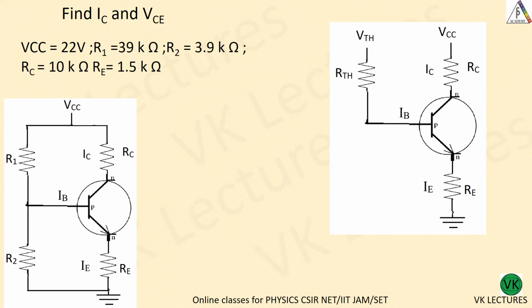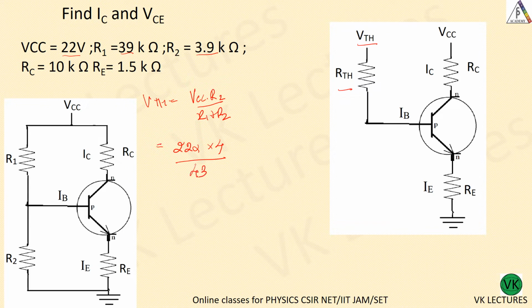So our aim is to find out first VTH and RTH. What is VTH? VTH is equal to VCC into R2 divided by (R1 plus R2). VCC is 22. So 22 into R2, 3.9, you can take 4, divided by R1 plus R2, 3.9 plus 39, that is around 43.